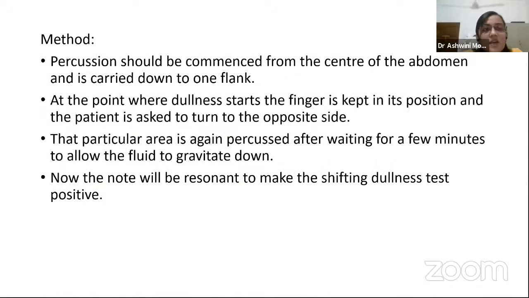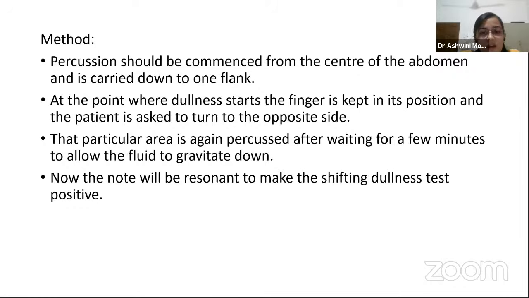By what method are we checking for the shifting dullness? As I have explained the logic behind it, we have to do the same thing. First of all, the patient is lying supine, so we have to start percussing from the midline. We move towards one of the flanks, and as the point of dullness comes, we mark that point and ask the patient to move to the right or left lateral position, towards the flank we are examining.